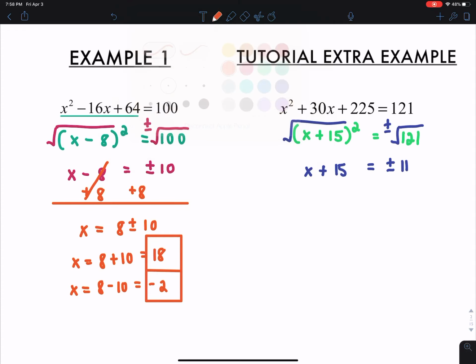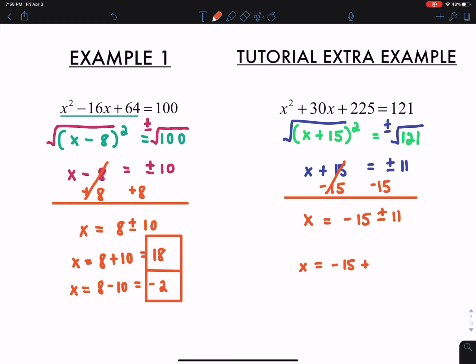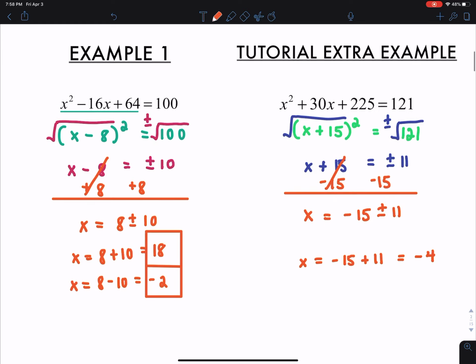And again, we have to solve for x, so subtract 15 from both sides. And that's always going to be in front of your plus or minus symbol. So we have negative 15 plus or minus 11. So two solutions, negative 15 plus 11, which is negative 4, and negative 15 minus 11, which is negative 26.